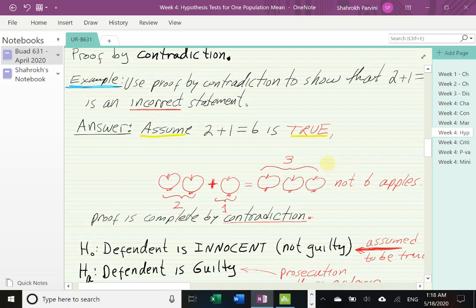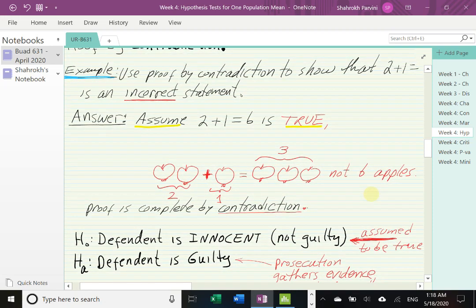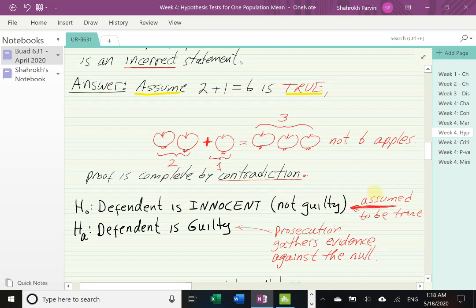Now, a more profound example is going to be this one. Our judicial system, folks, is actually based on proof by contradiction, right? We all know that. Any defendant that walks into a courtroom is presumed to be innocent, true, unless proven guilty.